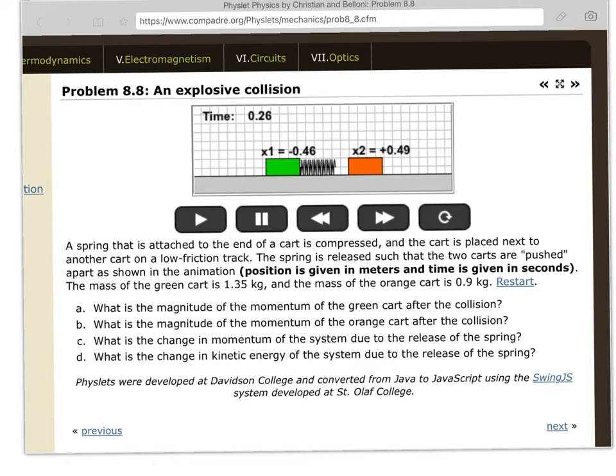So you see the green one increase by 0.02 in 0.02 seconds, and the red one increased by 0.03 in 0.02 seconds. Let's see if it's constant. If we go another step, the 46 should go to 48, and the 49 should go to 52. Aha. And then the 48 should go to 50, and the 52 should go to 55.